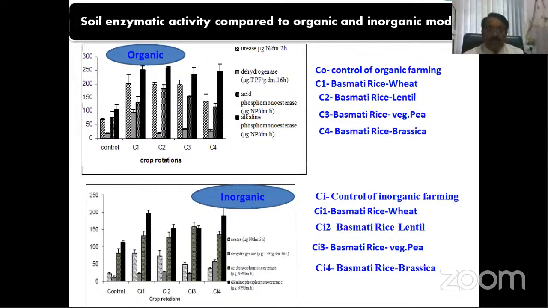The functional groups, say the cellulolytic bacteria, Trichoderma, and Pseudomonas, all these functional groups have increased populations in organic soil as compared to the inorganic soil.